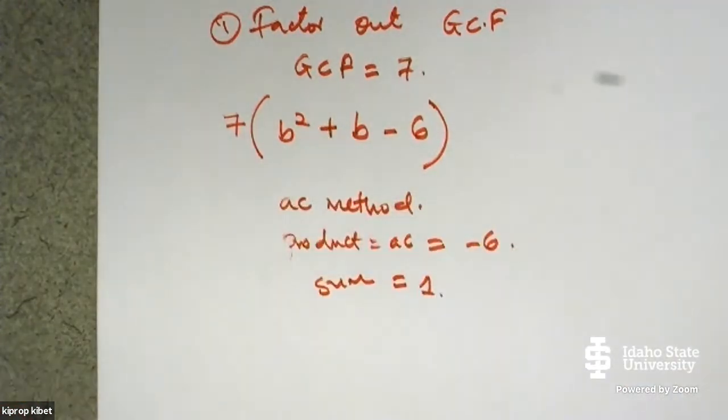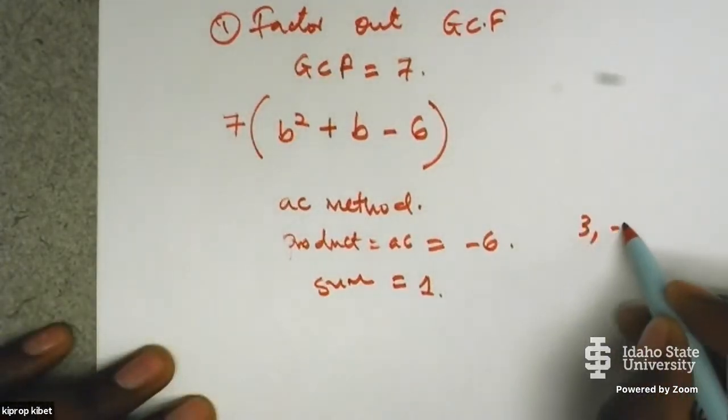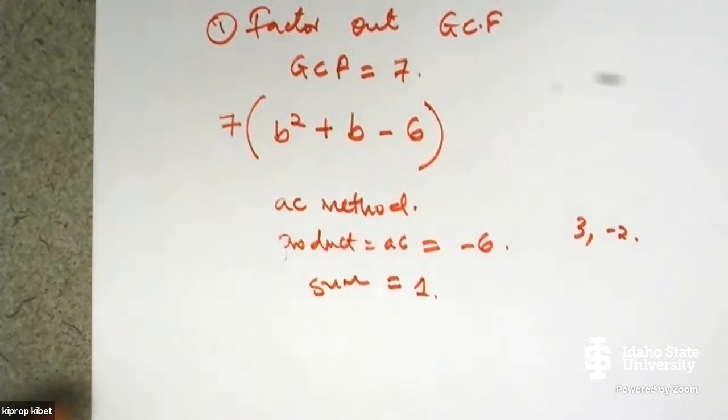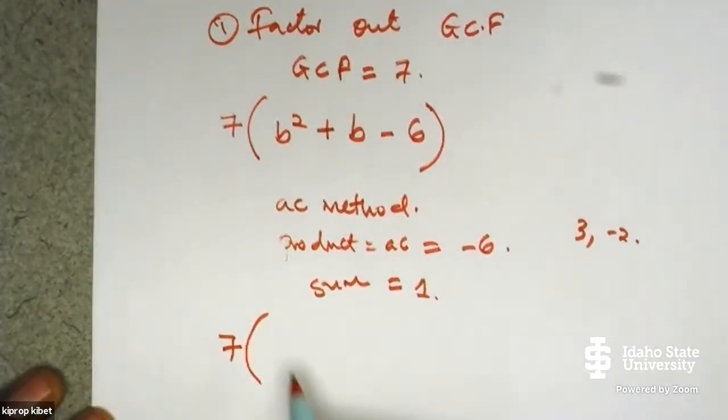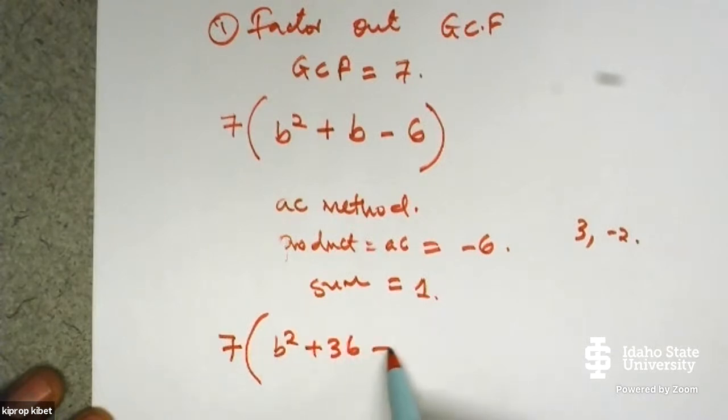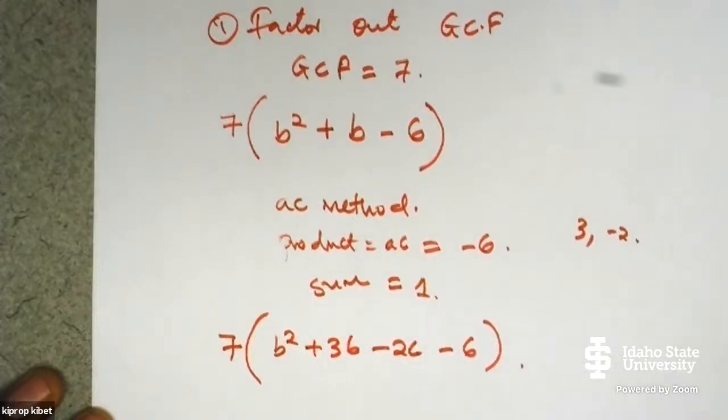What are the 2 numbers whose product is negative 6 and sum is 1? 3 and negative 2. Now when we write this back, we still retain 7 outside: 7 times b squared plus 3b minus 2b minus 6.